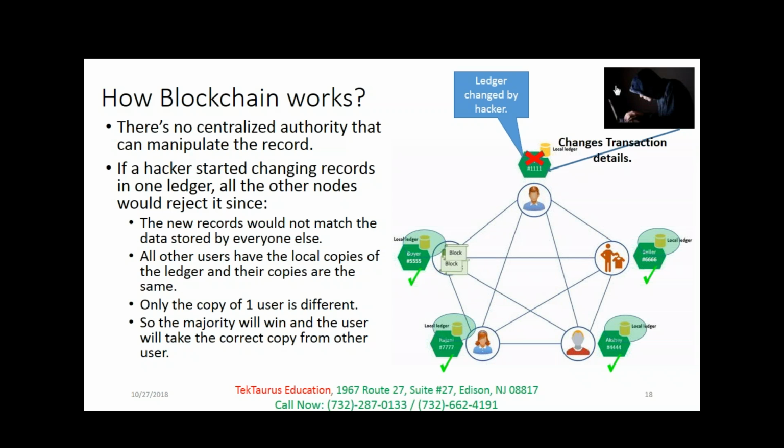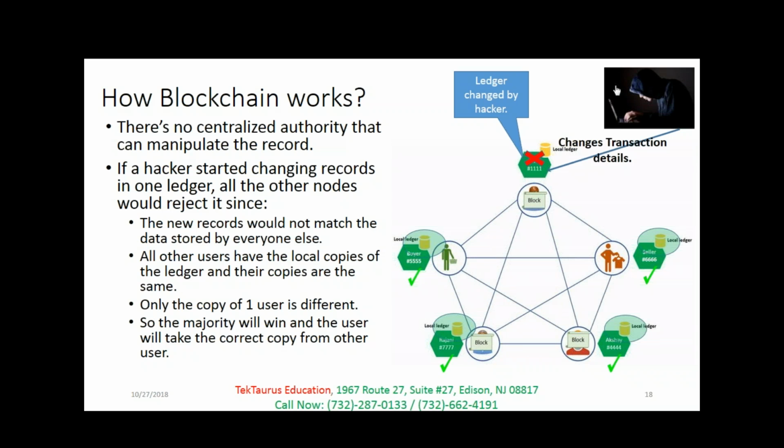And a network has thousands of computers, so the hacker needs to hack thousands of databases together, otherwise it will fail. It is almost impossible to hack all the copies and change the data, because to change a single transaction in the network takes around 4 years.